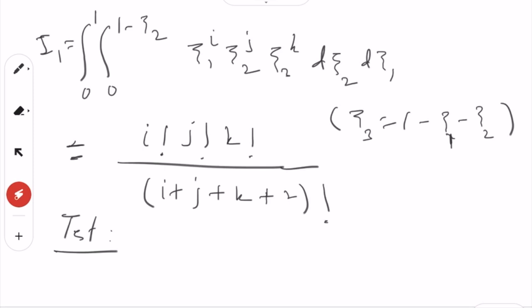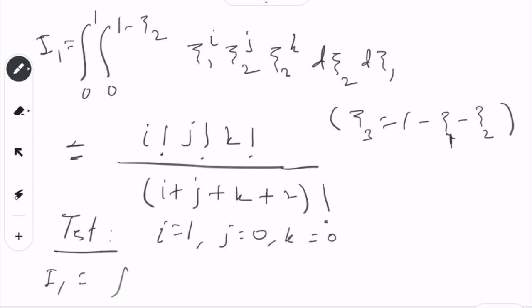So test, let's say we take i equal to 1, j equal to 0, k equal to 0. Then we have I1 equal to the integral from 0 to 1, and 0 to 1 minus xi1, with xi1 only, d xi2 d xi1.